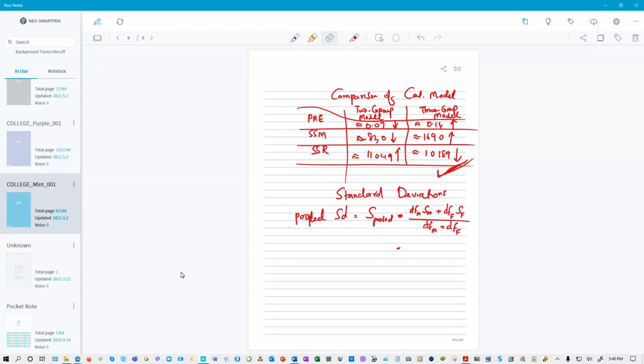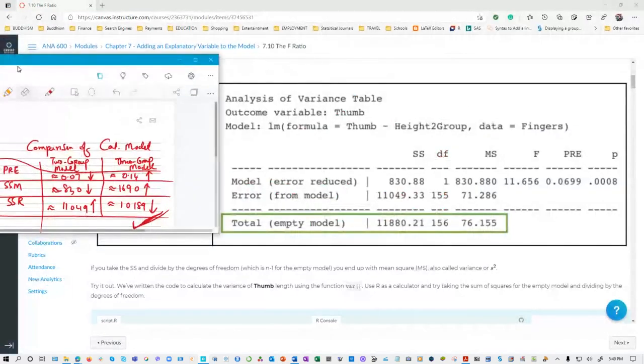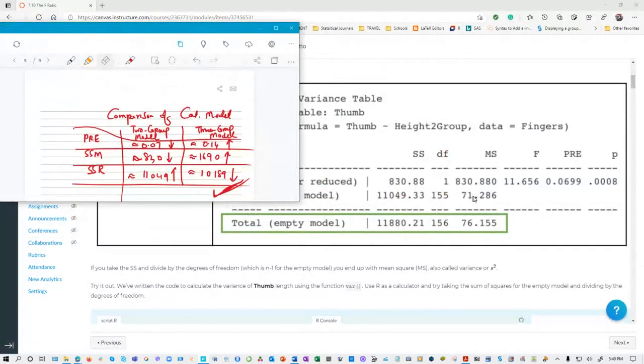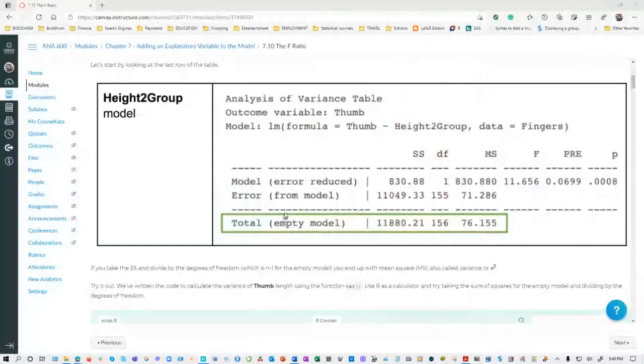They say this is the same as the mean squared error and its square root, which I'm going to call root mean squared error. That means in this case, how much is it going to be? Square root of 71.286. I'm talking about height, two groups.